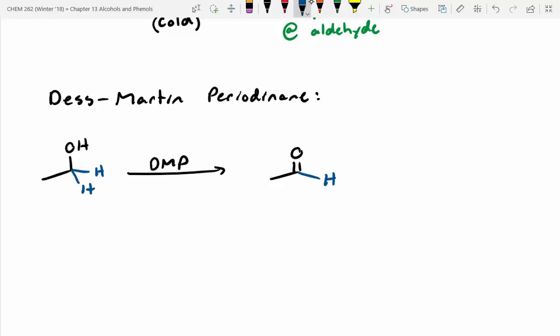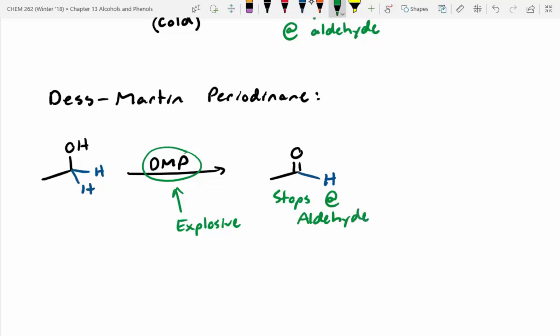Again, this reaction is not perfect. And I'll show you guys why. This is explosive. No oxidation reaction is perfect. But it does stop at the aldehyde. And it's a little bit more environmentally friendly.